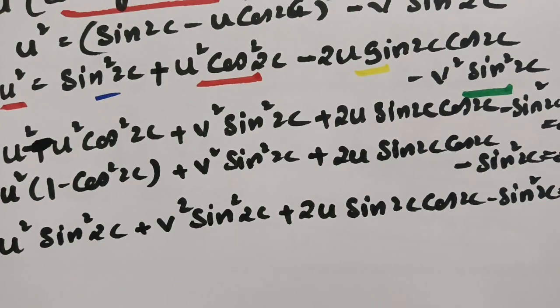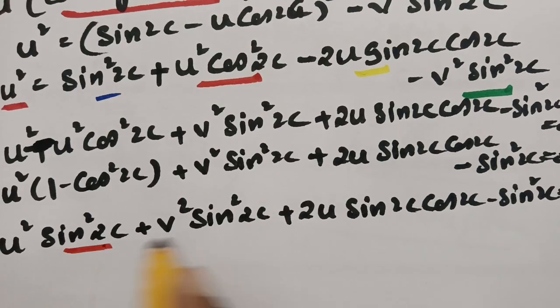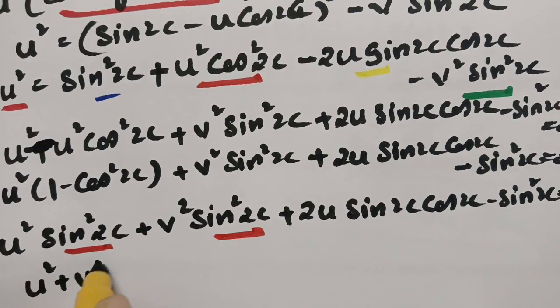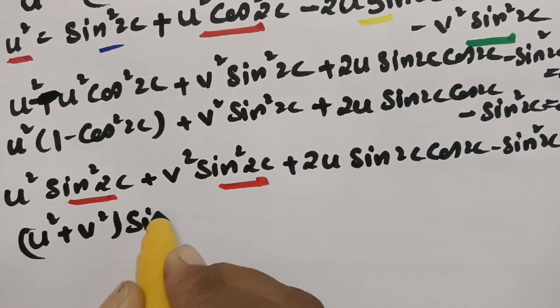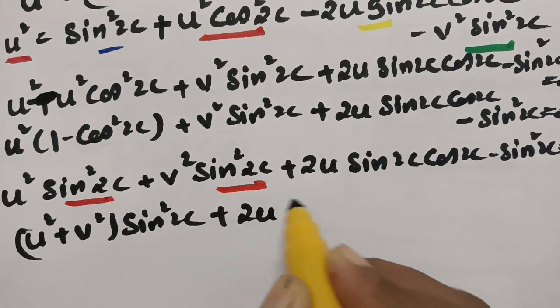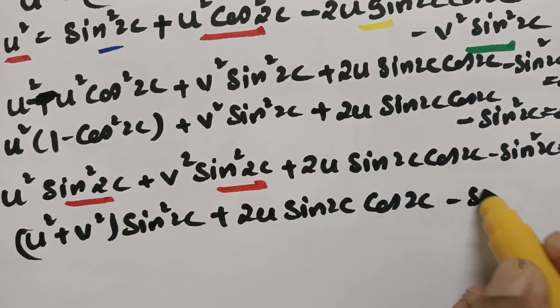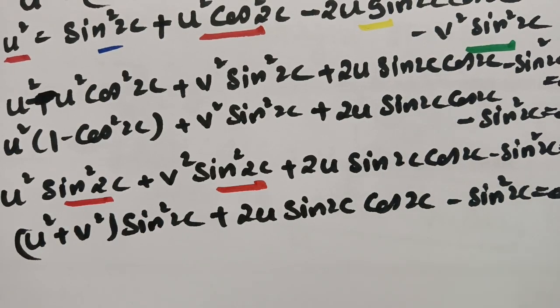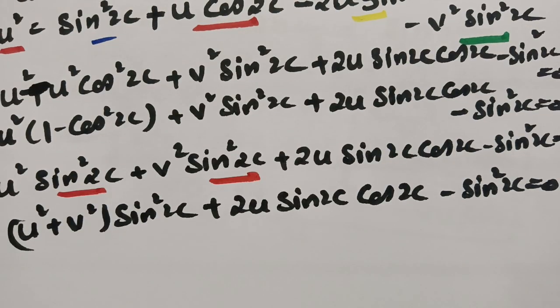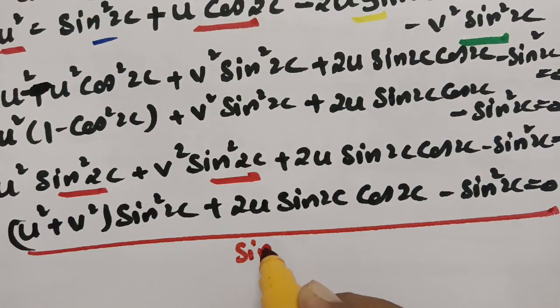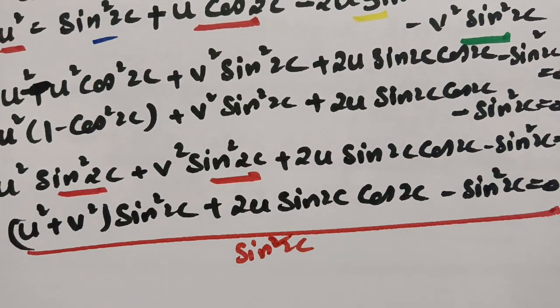And see, if I take sine square 2c common from the first two terms, this will become (u square plus v square) sine square 2c plus 2au sine 2c cos 2c minus a square sine square 2c is equal to 0. Now if I divide throughout the equation by sine square 2c, zero divided by anything is 0.